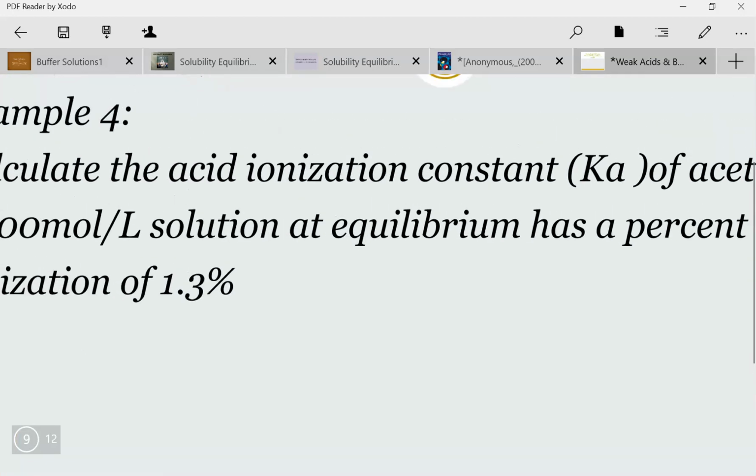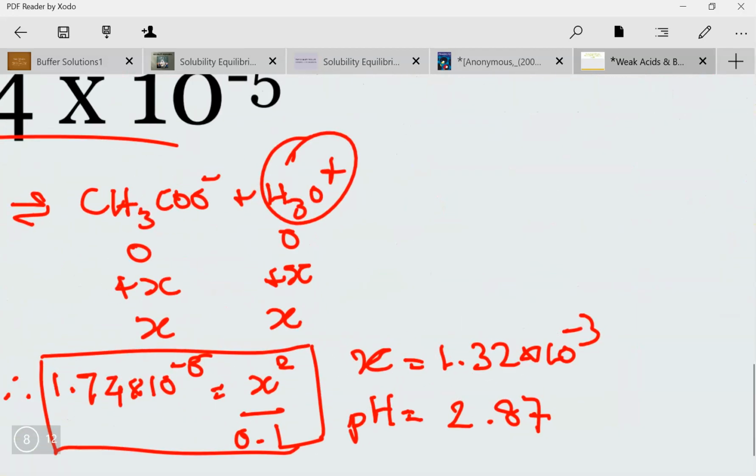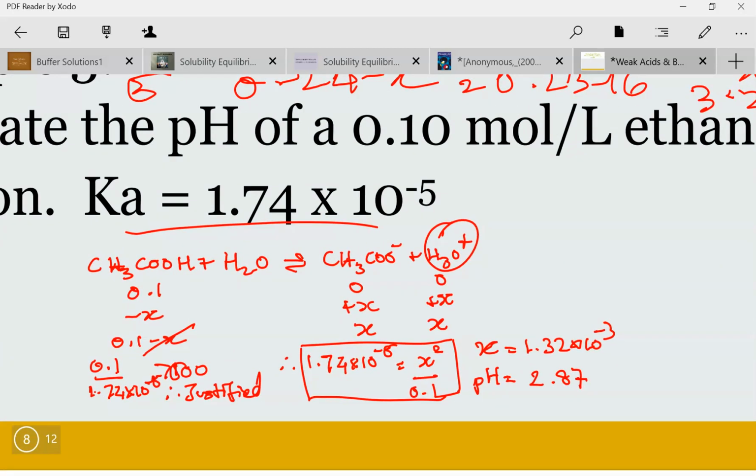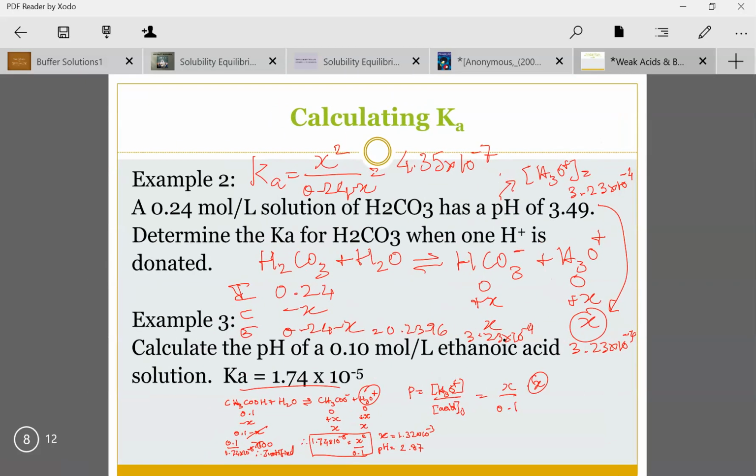I will point out here that if you contrast this with the same ice table, if you have to find your percent ionization, which is H3O plus divided by the initial concentration of acid, which, if you look at the ice table, is x divided by 0.1, right? So our percent ionization and Ka only differ by an x value, or an H3O plus concentration value. As long as we can find that, it's very easy to go from one to the other.